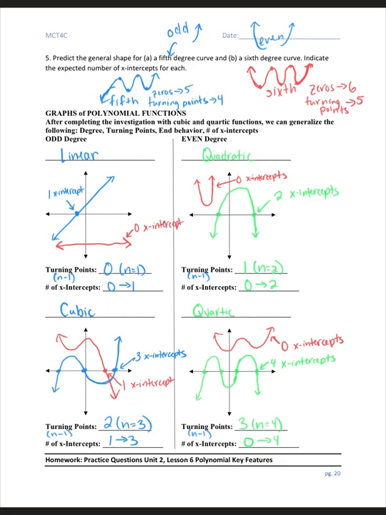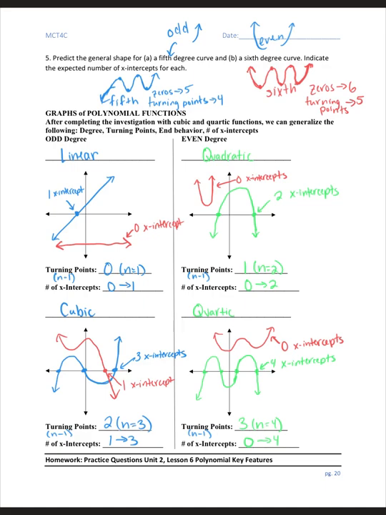If you had a horizontal line, you would have 0 x-intercepts. It would cross the y-axis but not the x-axis. But if you had a line that sloped up or down, you would cross the x-axis at least once, so 1 x-intercept. And our turning points, again, is just n minus 1. So if our highest degree here is 1, then 1 minus 1 would mean we have 0 turning points.